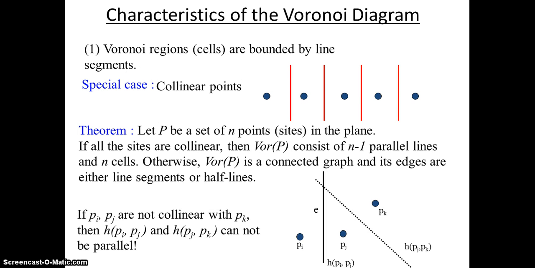The characteristics which have been discussed earlier can be reviewed. Collinear points will result in parallel lines. There is another theorem which shows that the Voronoi diagram of P consists of n minus 1 parallel lines and n cells, otherwise it will be a connected graph whose edges are either line segments or half lines.